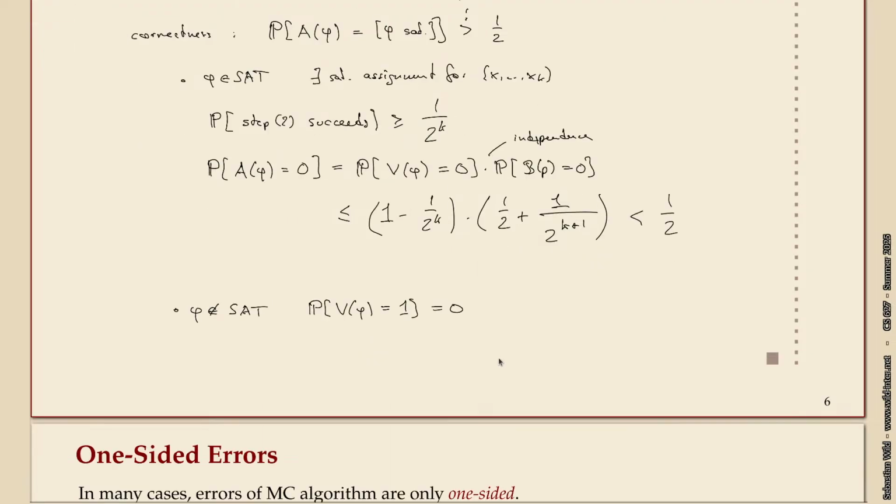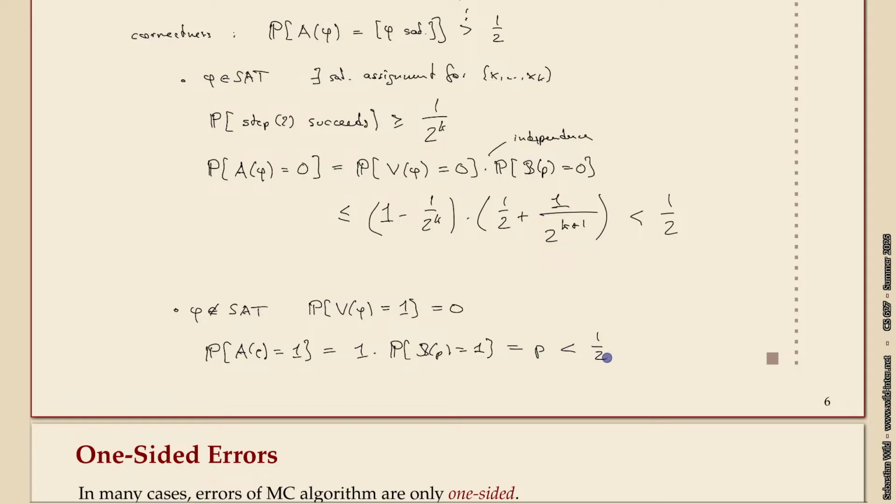And so the overall probability that this one is wrong, that it accepts, is going to be 1 for namely the output that we have to do step 3, and then again our p, the probability that this is 1 this time, and that's p, which is less than 1/2.